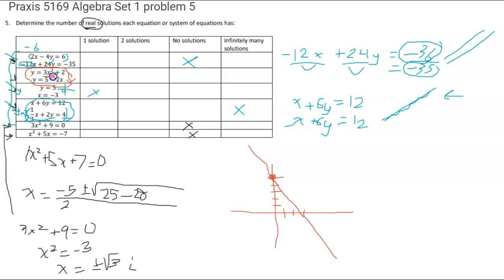And then y equals 3x squared plus 2. Well, when I put in 0, I get 2. And now I kind of know what's going on here, because this is a parabola. It goes up like this. I don't really care how fast or slow it goes up, right? If it goes up slow, it'll eventually catch up. If it goes up really fast, it'll catch up soon.